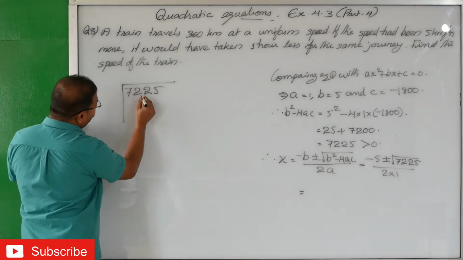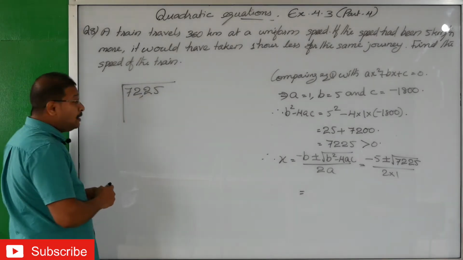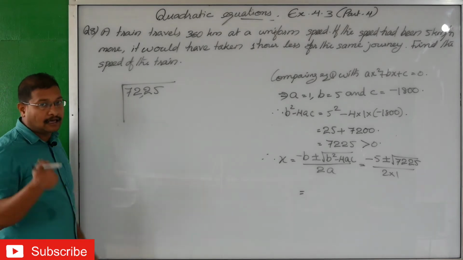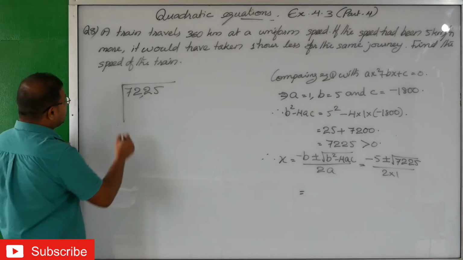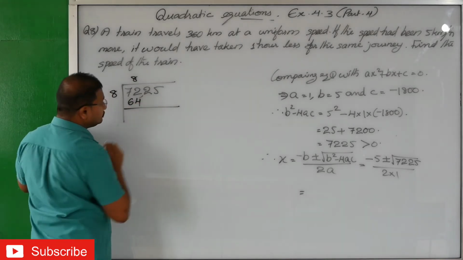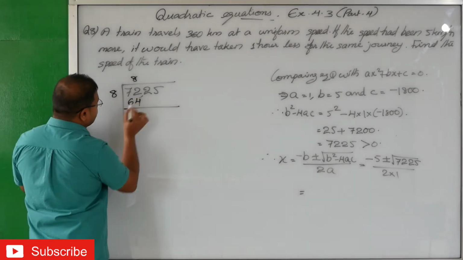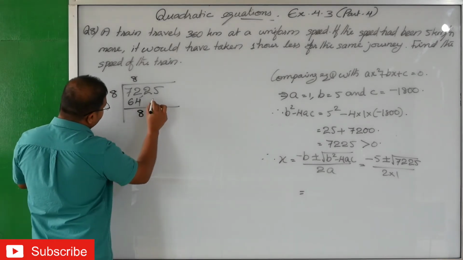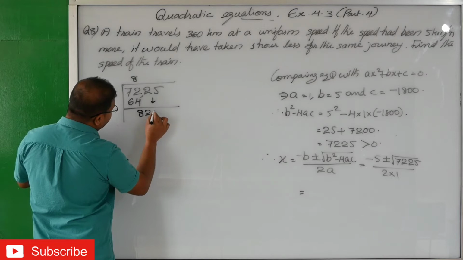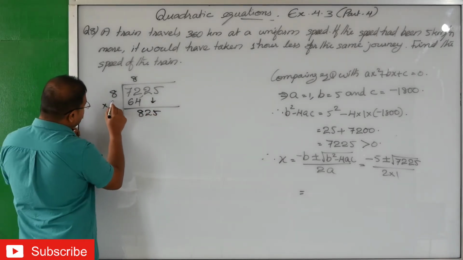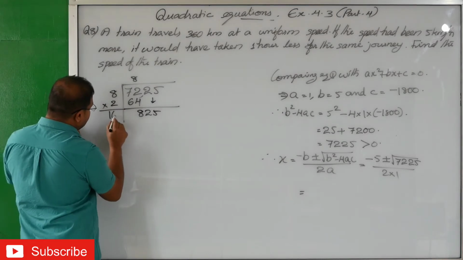We will make it into groups. We will see the perfect square. 8 8s are 64, 9 9s are 81. That means 8 8s are 64. Ready? After that we will subtract it. Minus 64, that is 8. After that, these two numbers will bring down, that is 25. Now double of 8, that is 2 into 8, 16.